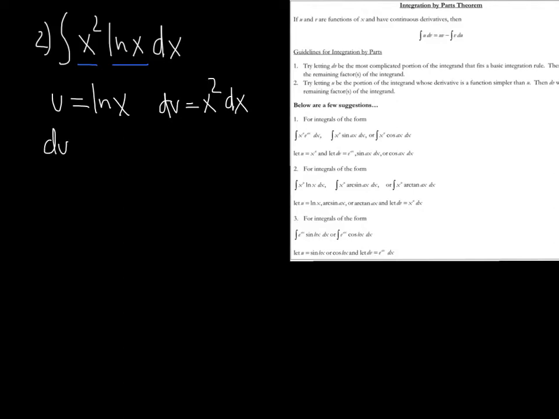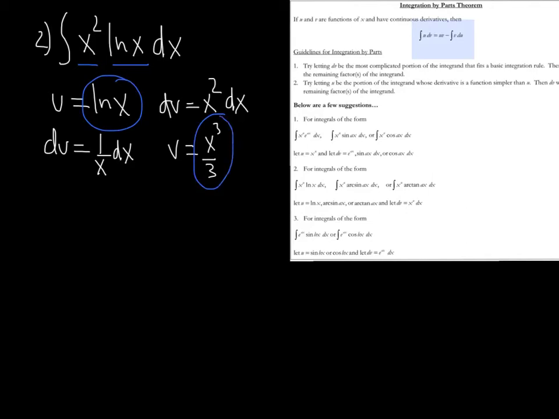So du is equal to 1 over x dx, and v is going to be the integral of dv, which is going to give us x cubed over 3. All right, and so now we are ready to plug it into our integration by parts theorem here, which is uv minus the integral of v du. So uv is going to be the product of this and that.